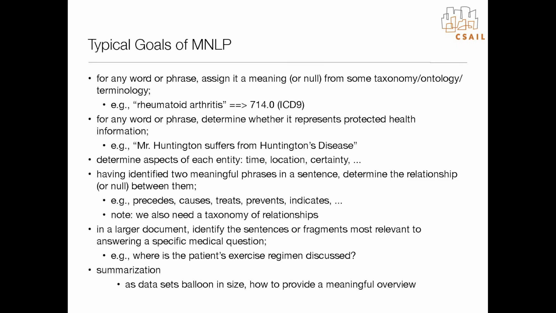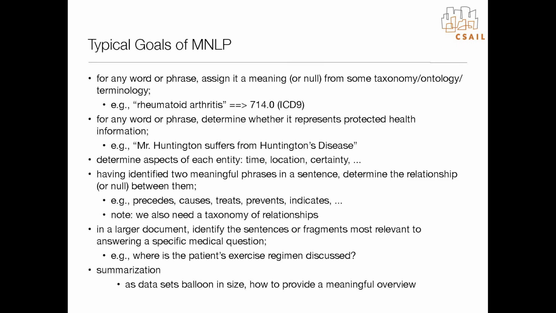You want to determine aspects of each entity: its time, its location, its degree of certainty. You want to look for relationships between different entities that are identified in the text. For example, does one precede another? Does it cause it? Does it treat it, prevent it, indicate it, et cetera? So there are a whole bunch of relationships like that that we're interested in.